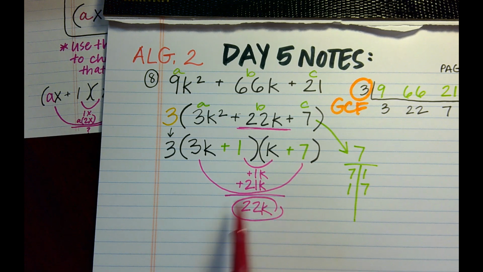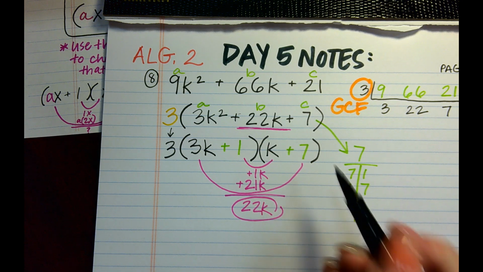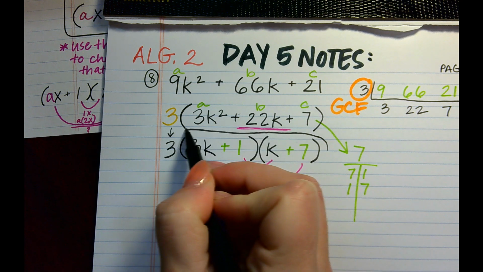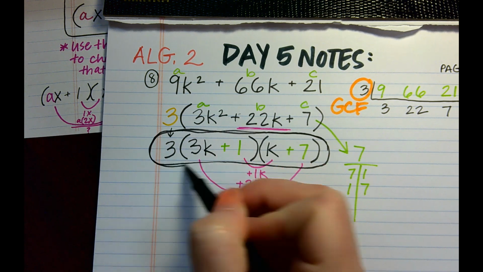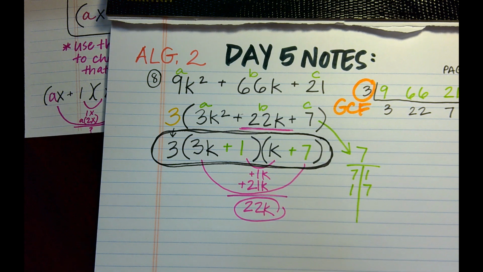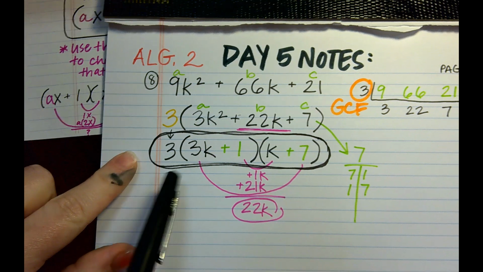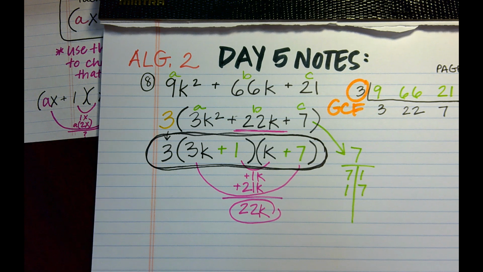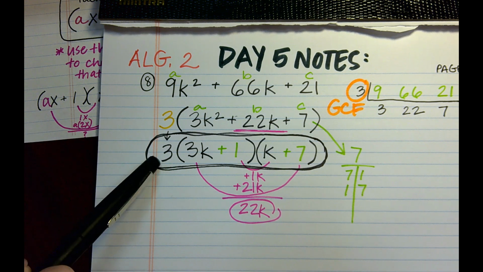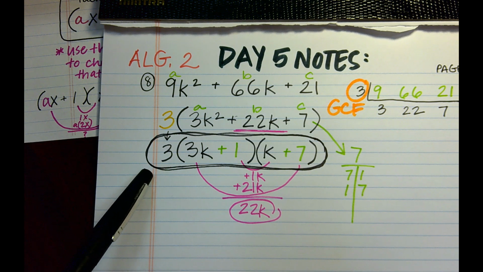So, because the rainbow method had us adding up to the correct middle term, this is our answer. It's just like what we've been doing. The only extra step is that we had our greatest common factor that came out first, and it just gets included on the outside of our answer like this.